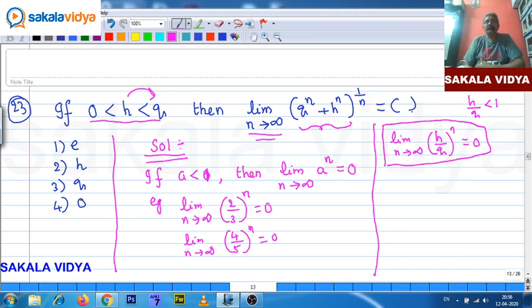So, that means now here you need to take q power n common, so that we can make h by q whole to the power of n in this problem. Okay, now, let us solve the problem. Here let us take out q to the power of n common. Q to the power of n common means you get 1 plus h by q whole to the power of n, whole to the power of 1 by n.